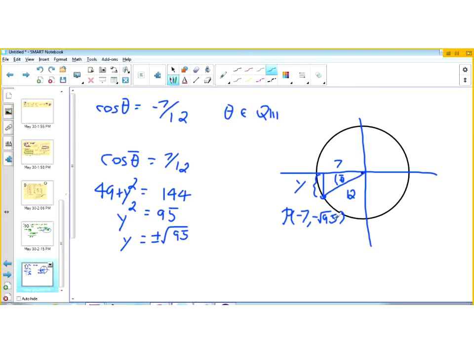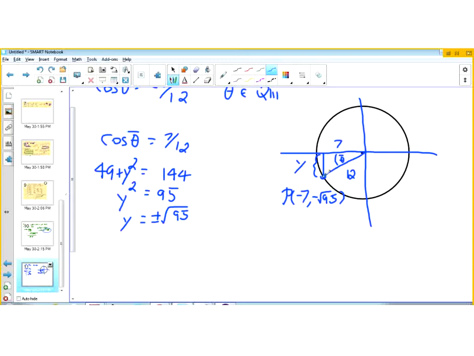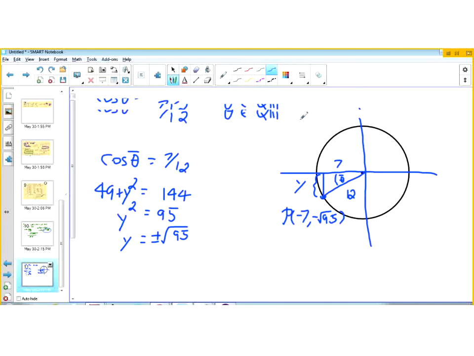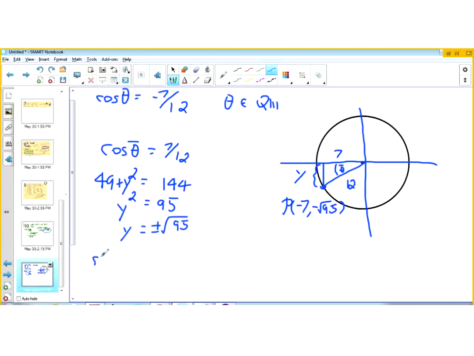So now we've resolved the terminal side of theta. We know the radius of the circle, and we know the terminal point that determines theta. Now what we want to do is calculate the sine of theta.